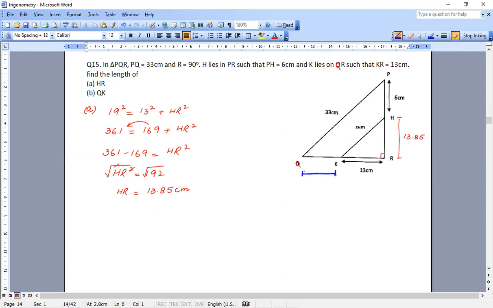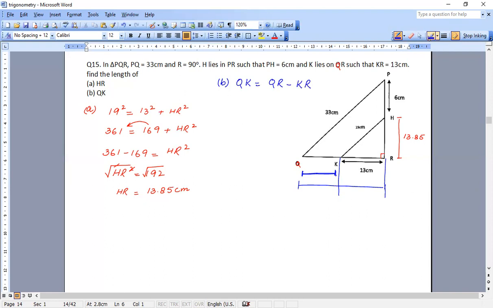So we will find the length of QR and then subtract KR from it. QK is equal to QR minus KR.